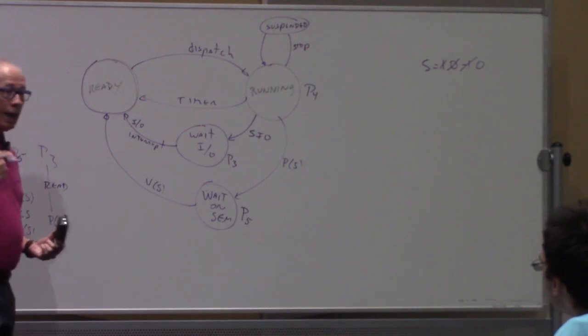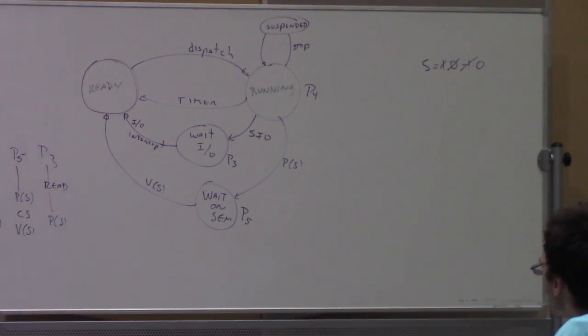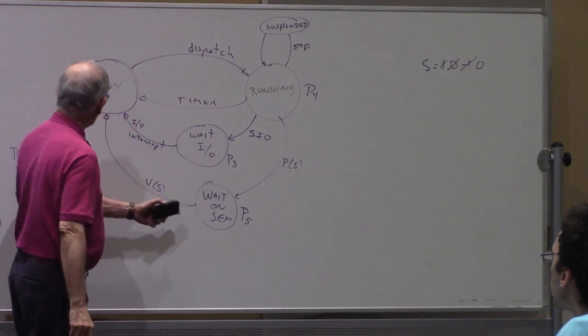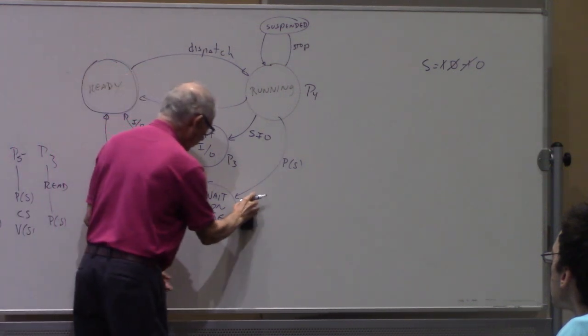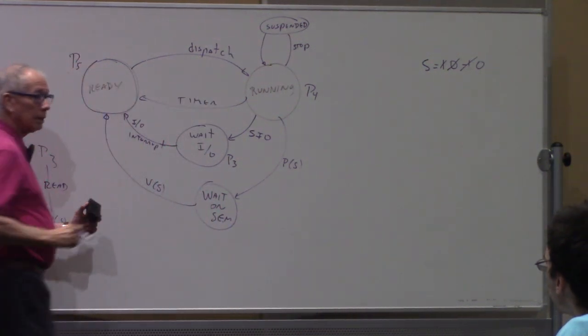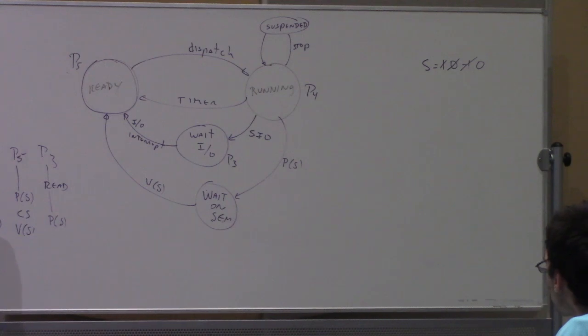And the V operation asks if the value is less than or equal to 0. In this case it is 0, so we're going to remove this process from the semaphore queue and place it back into the ready state. Alright? And P4 is running.